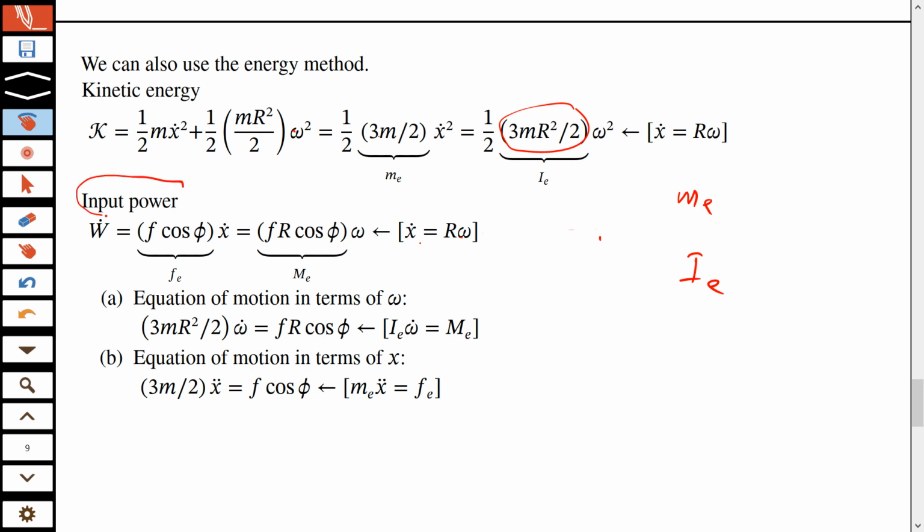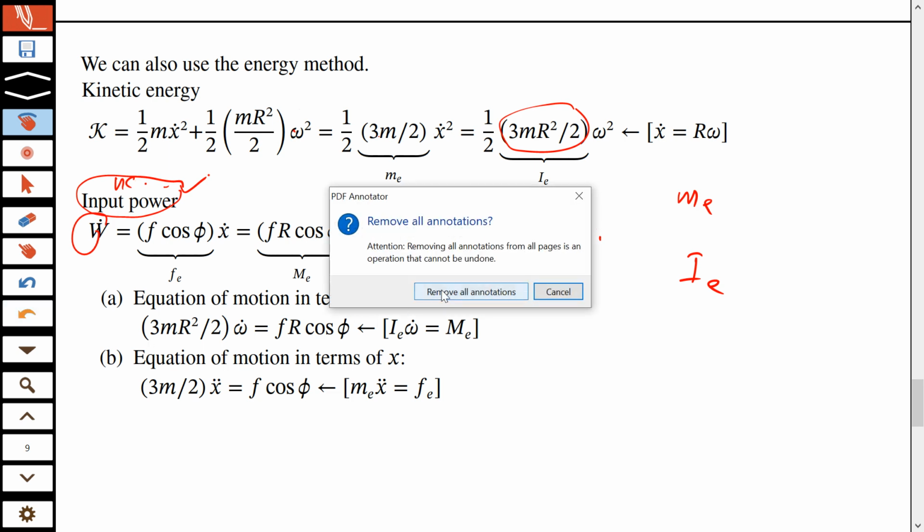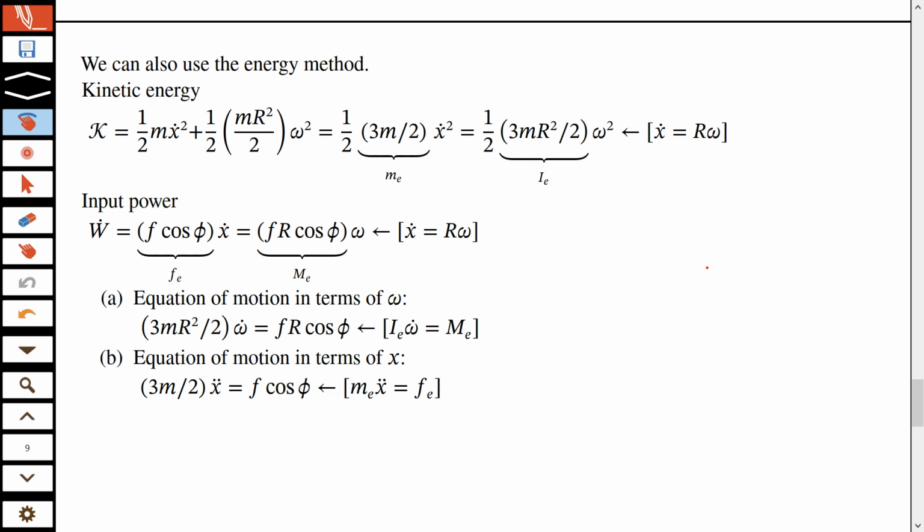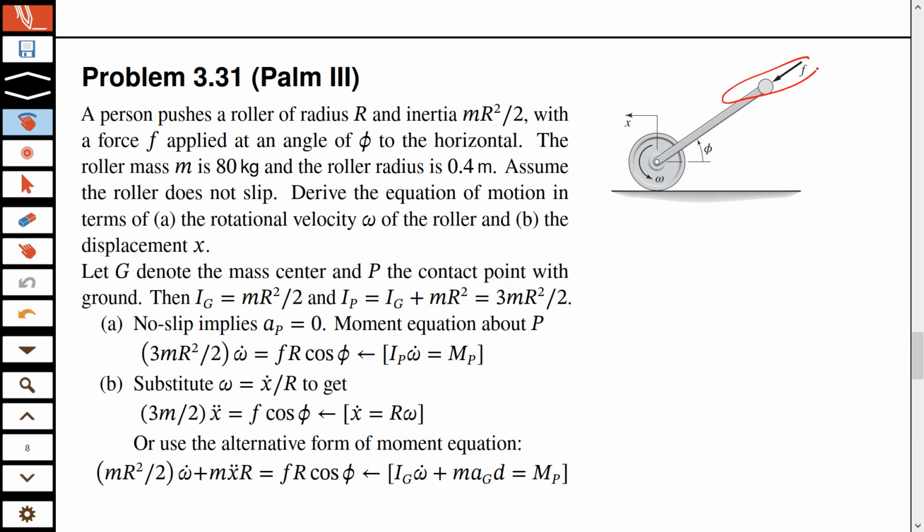Now another thing which you can try is, the way we did in gears. Write an expression for the input power W dot, and this is non-conservative. Okay? Now here, because the force is external, you know that only this component of the force is giving you power.